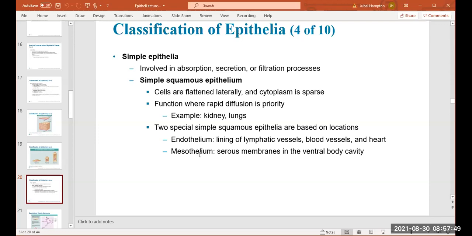We see mesothelium particularly in the pleura, the pleural membranes surrounding the lungs. And when this cell line goes malignant, meaning it becomes cancerous, the name is mesothelioma.